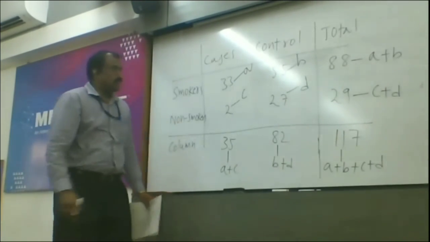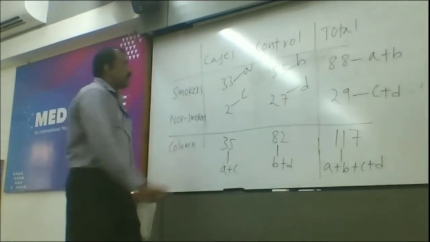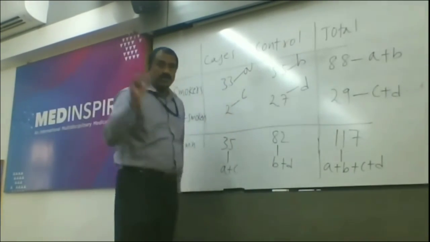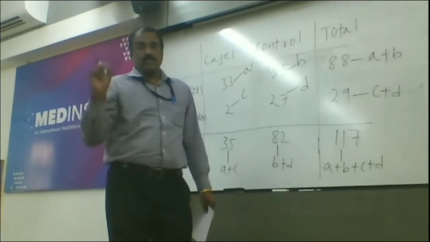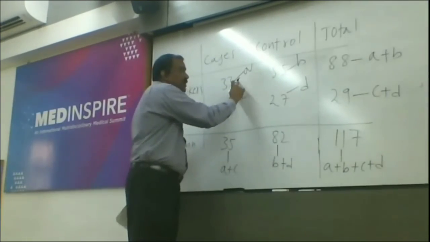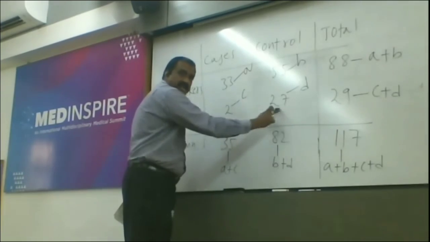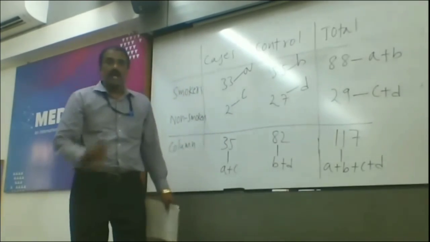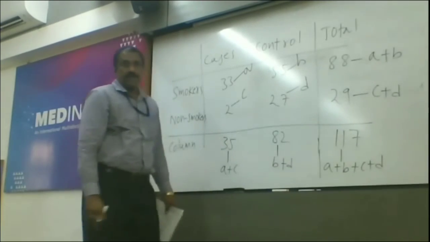If you have any doubts, please go through this one. You are going to define the values according to the framework of the epidemiology in case control study. You must take the values row wise: A, B, C, D. In that way, we are going to describe according to the framework. Understood? So please go through this one.